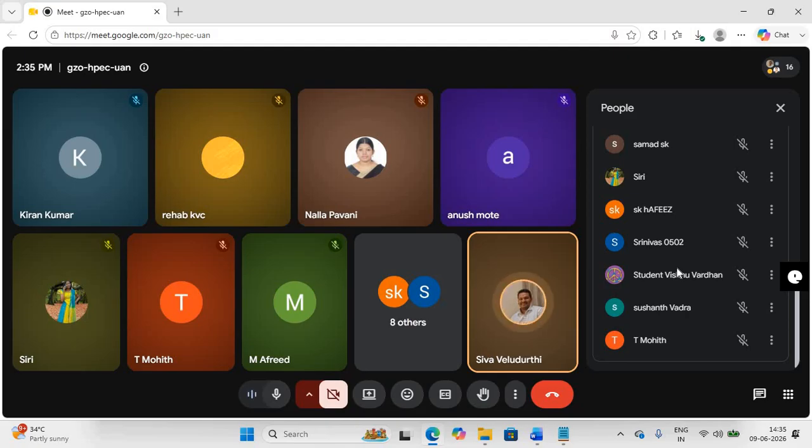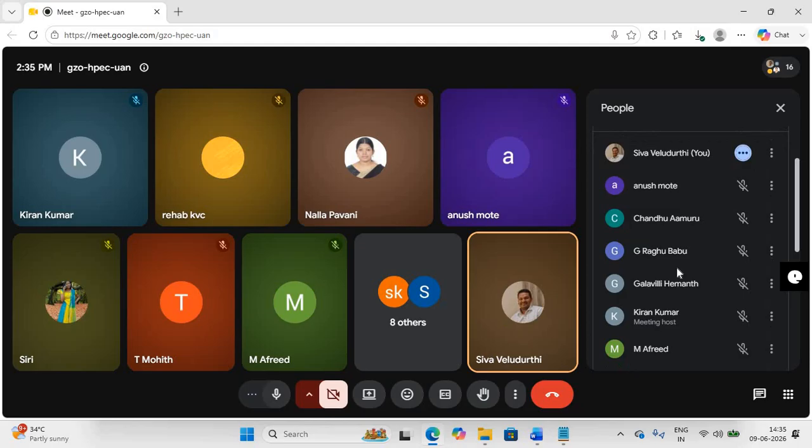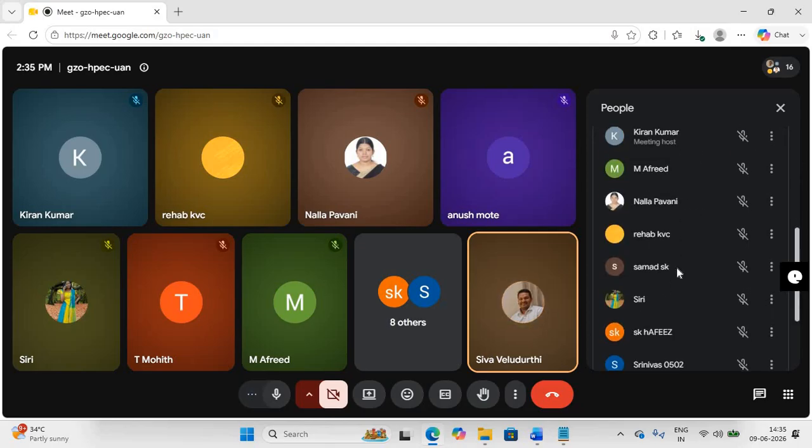How did you write the prompts? Trainers, you can also please check with them whether they are writing or not.